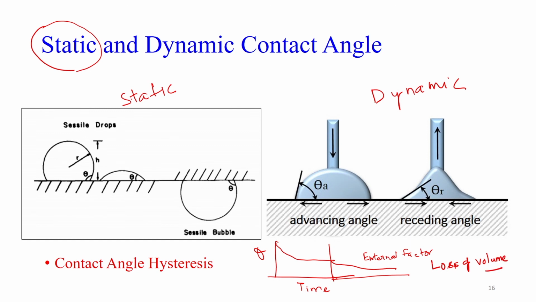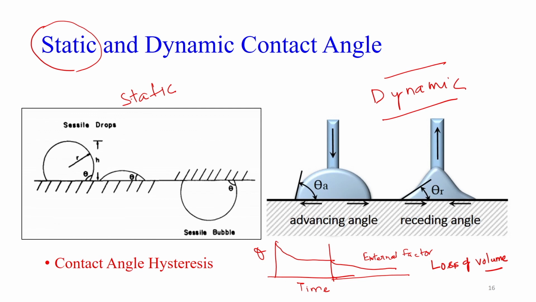So, up to here we call it the static or equilibrium contact angle. But in case of dynamic contact angle, one example is the advancing and the receding contact angle.